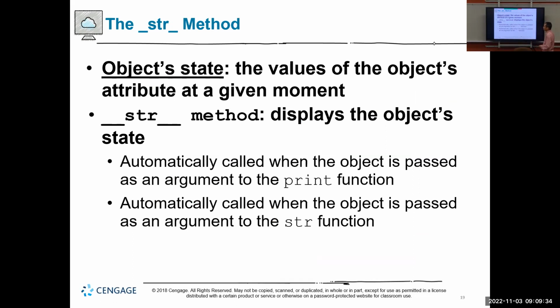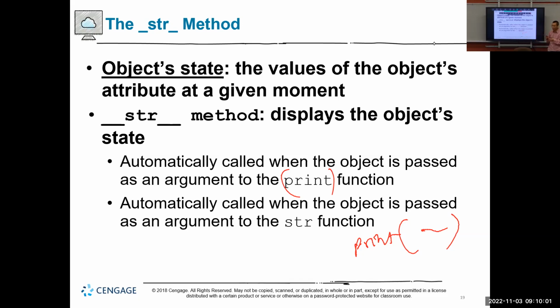And so we mentioned the string method. The string method is that whenever you use it with the print function and the parameter is an instance, it always prints out the status of the instance.